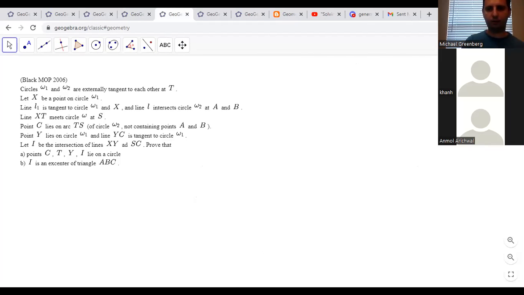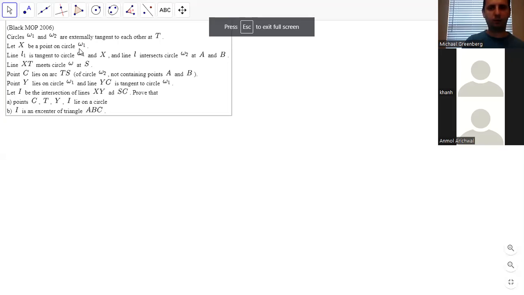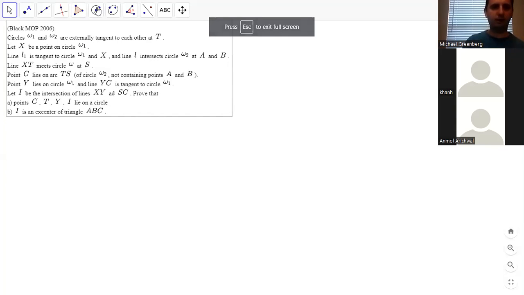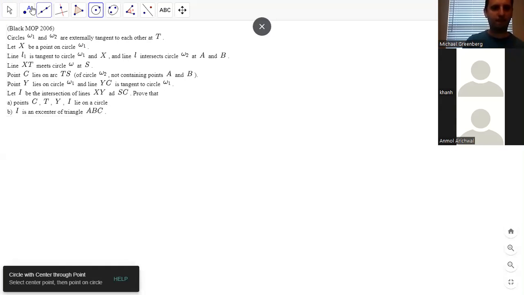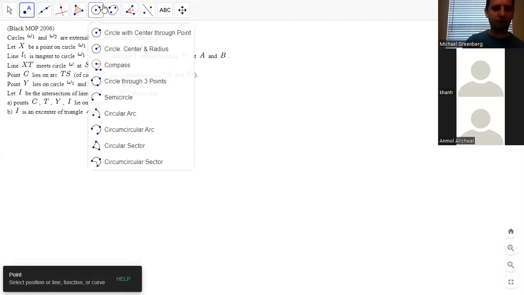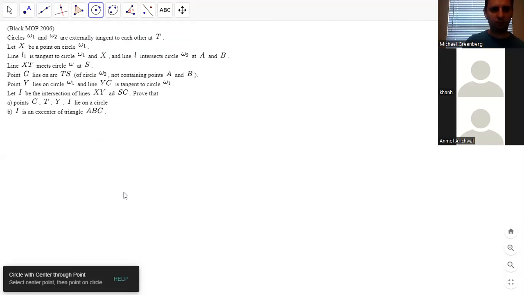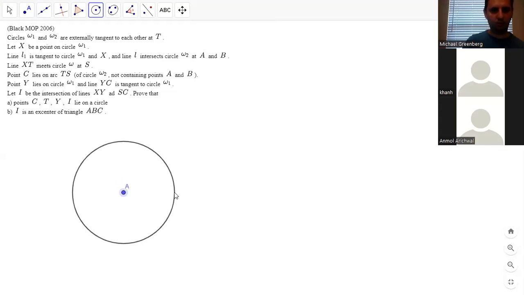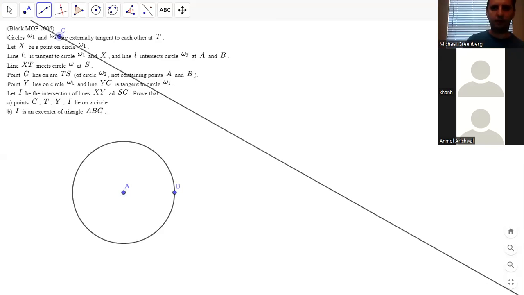Let's try this one. So we have two circles. I kind of like this one. Two circles are externally tangent at T. How should I draw this? Let's just draw a line through AB.